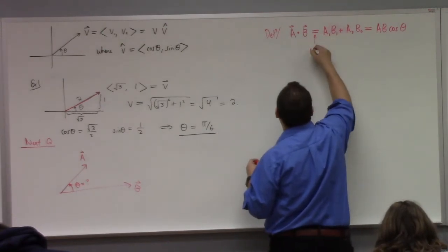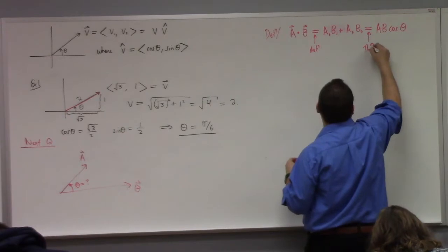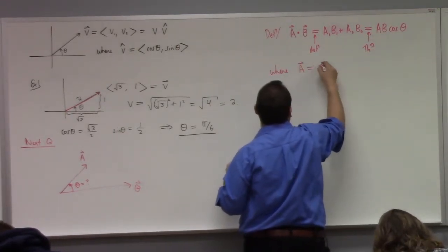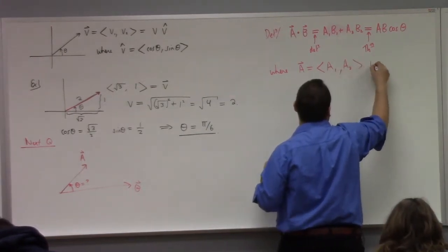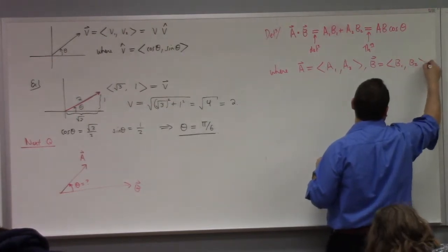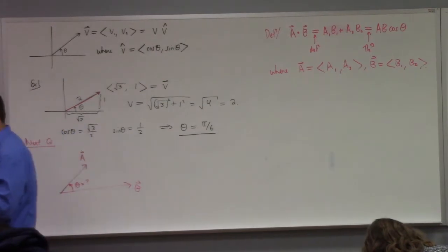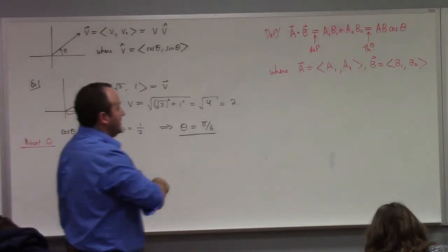So this is the definition, and this is a theorem, a derived result, where A is equal to A1, A2, and B is equal to B1, B2. This is the dot product of A and B.